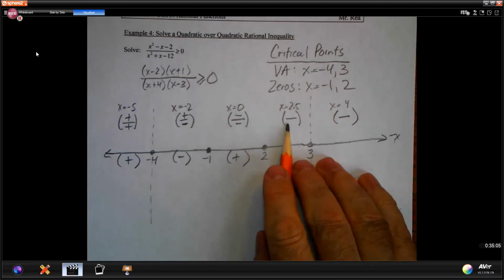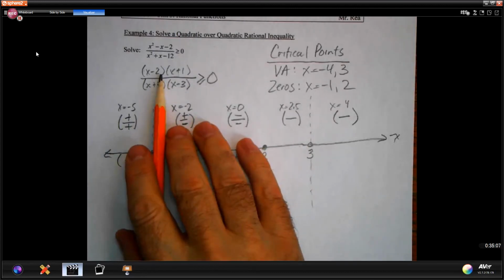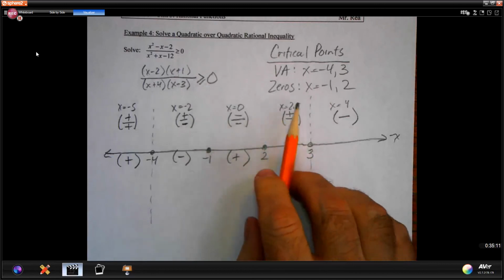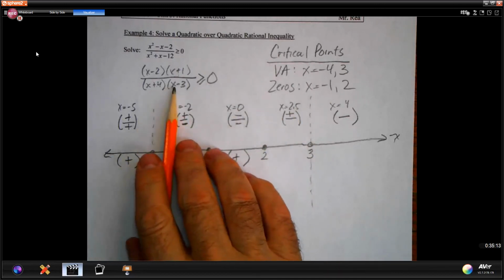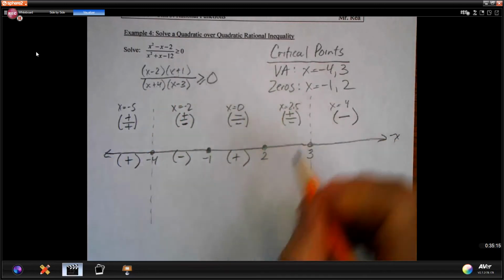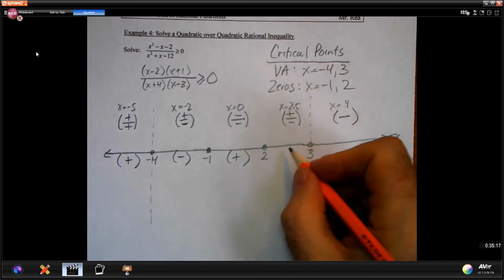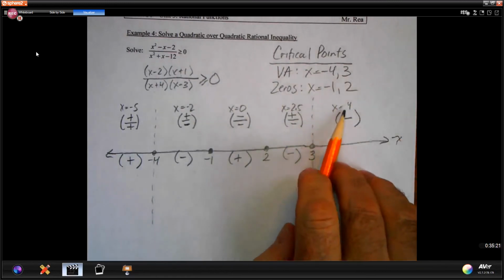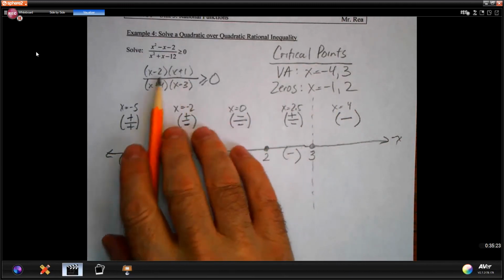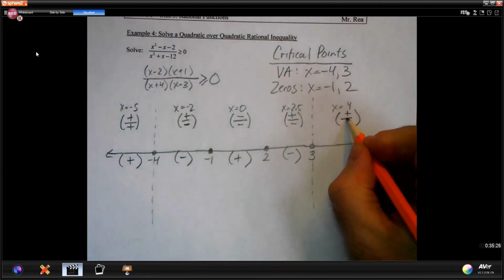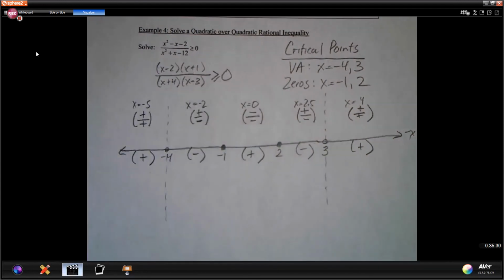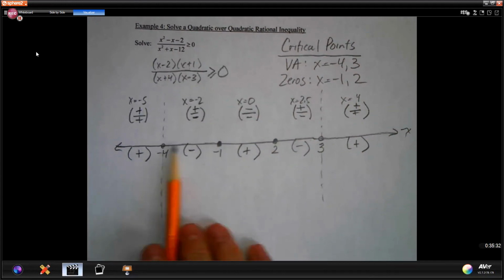For this interval 2.5, I'm going to get positive, positive on the top, and on the bottom, positive, negative. So overall, positive divided by negative is negative. And then finally, for the last interval, plug in x equals 4. You can see all 4 of them are going to be positive. So overall, positive.